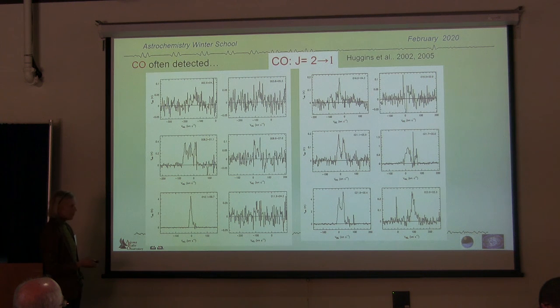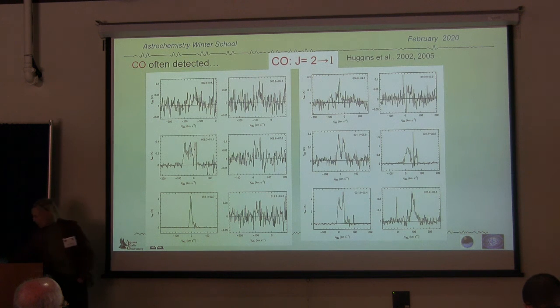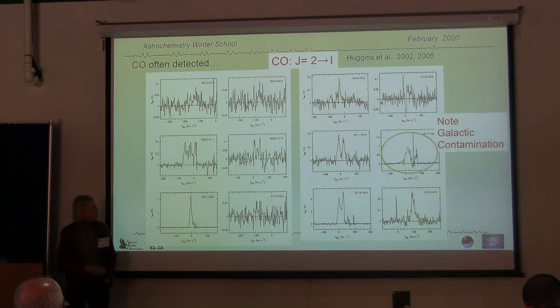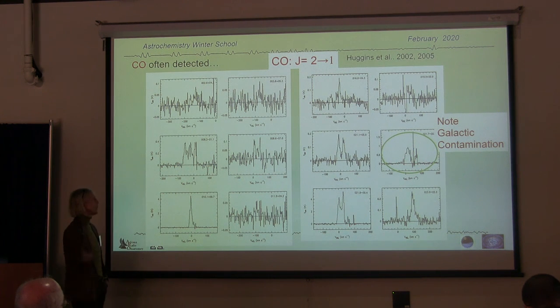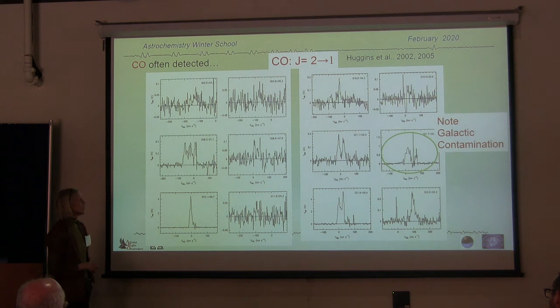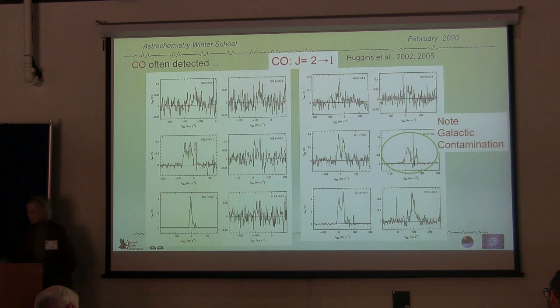That's because a lot of the planetary nebulae are bipolar or multipolar. And then you also see that some of the lines look rather ratty, and that's simply because of galactic contamination, because a lot of the planetary nebulae lie on the galactic plane, and so you get absorption and interfering lines from clouds that lie along the line of sight. So CO was present in, I don't know, about 75% of the nebulae that Pat Huggins observed.